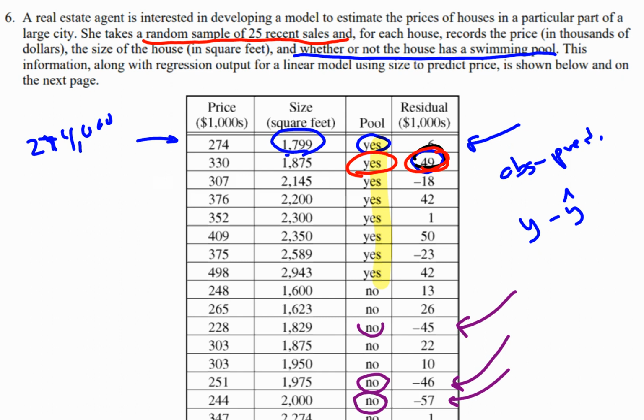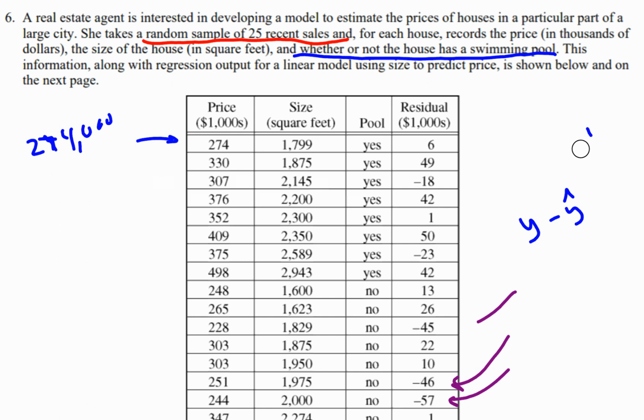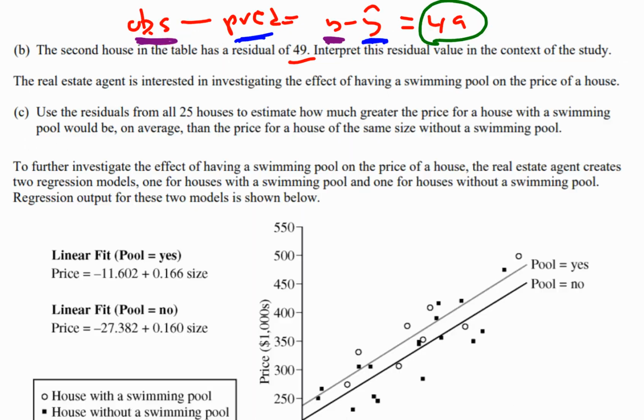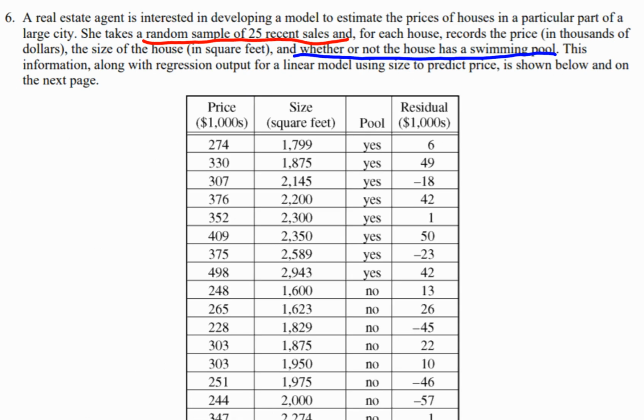Let me just delete some of that busyness, get it out of our way. We're trying to talk about the residuals for houses with pools compared to the residuals for houses without pools, right? That's what we really care about.